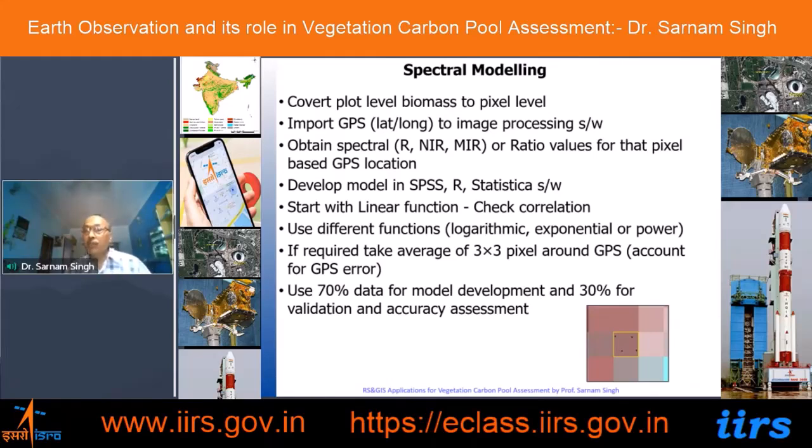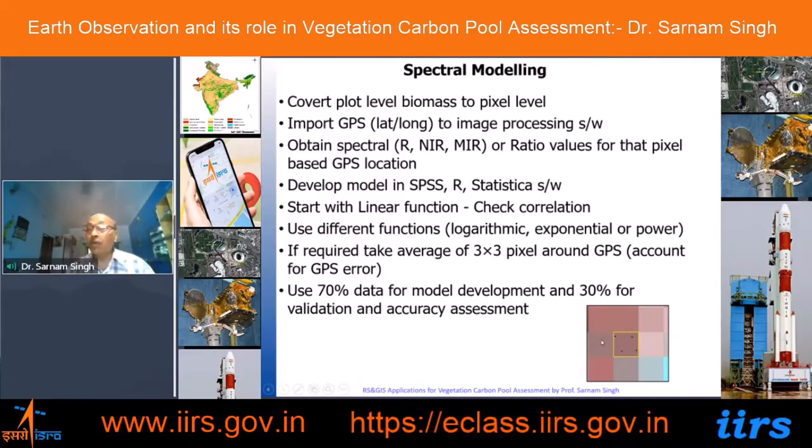let me tell you. Suppose, look at this diagram please. Suppose one of these plots is at the border. Now suppose it was here in this pixel on the left side. What will happen? Three plots in one pixel and one plot in another pixel. And when you take the mean, it neither belongs to this pixel nor to that pixel.